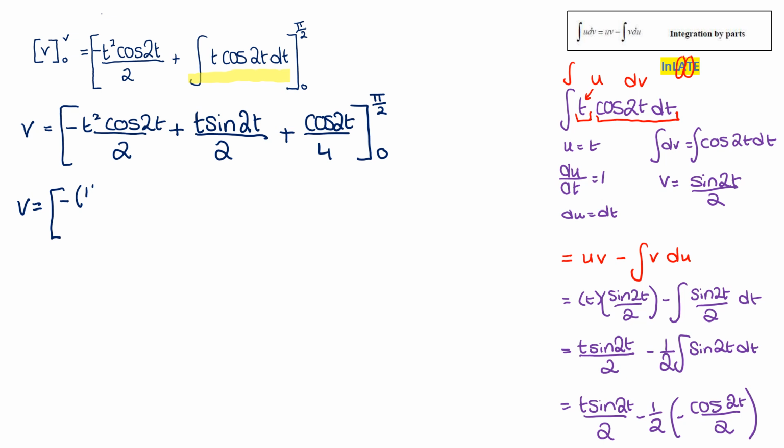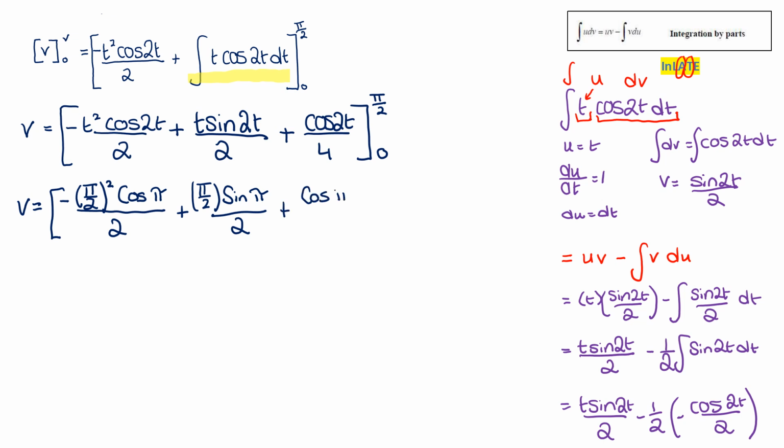So minus pi over 2 squared cos of 2 times pi over 2, which is just pi. You're welcome to put that in as 2 times pi over 2, but just to save typing when we get to the calculator stage, and just to save writing as well, I'm just going to put that in as pi for each of them.